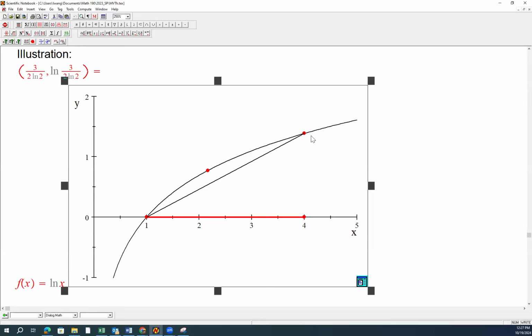First I'm going to draw the tangent line passing this point. So this is C, f of C.